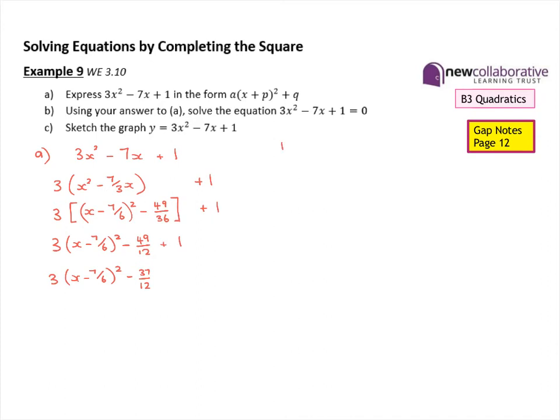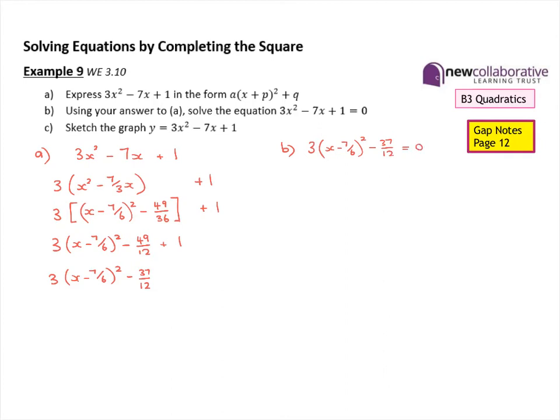Now for part B, we're going to use the completed square form of the equation to solve the equation 3x squared take away 7x plus 1 equals 0. So that's the same as saying 3 multiplied by x take away 7 over 6 squared take away 37 over 12 is equal to 0.